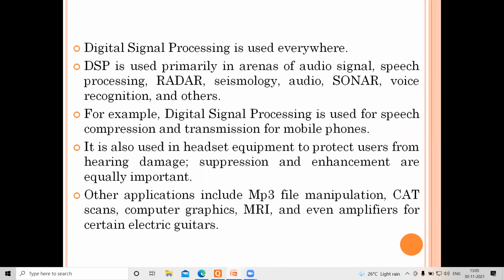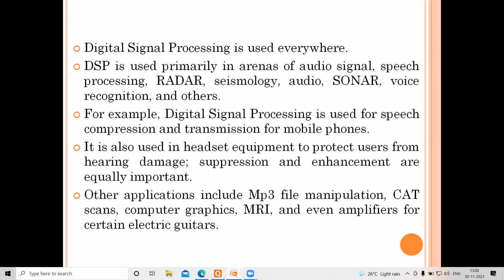Therefore, it's important that the equipment you are using, whether an earpiece or a headset, whether wired or unwired, the signal coming through has to be processed. So suppression and enhancement are equally important in this case. If the volume is very large, you should be told it should be reduced. If it is small, then it should say enhancement is required.